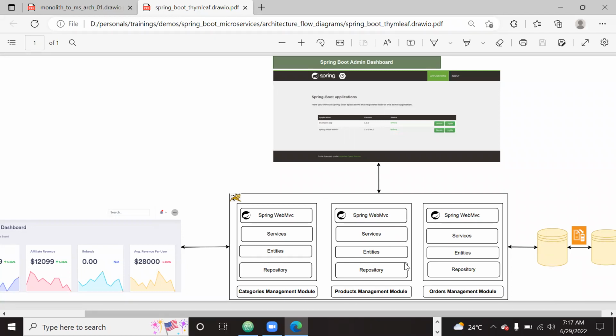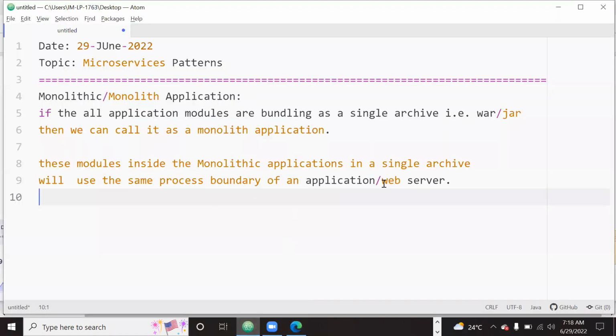Now all the modules are inside a single process boundary and connect to only one database, meaning all these modules are sharing the database. So this is called monolithic applications.